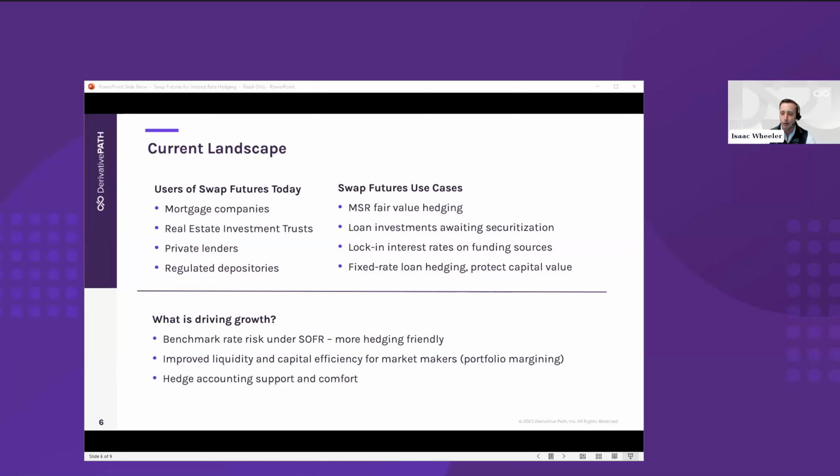A lot of the same typical ways that we would qualify a typical OTC swap for hedge accounting apply here as well, whether it's fair value or cash flow. And we've definitely gotten a lot more comfortable on our side with how a fair value or cash flow hedge ultimately gets documented for a swap futures trade. So that's been a development, maybe not just over the last year, over the last several years, but I think that's certainly going to support more adoption as we look forward.